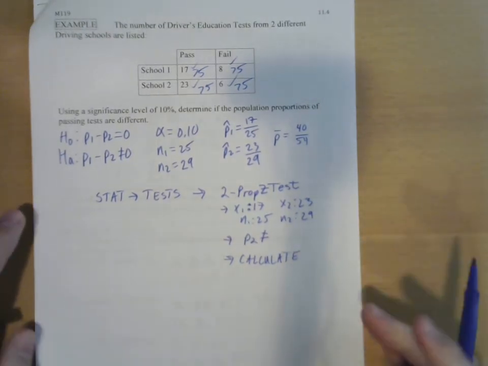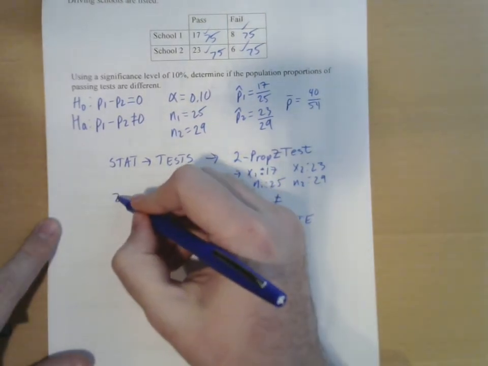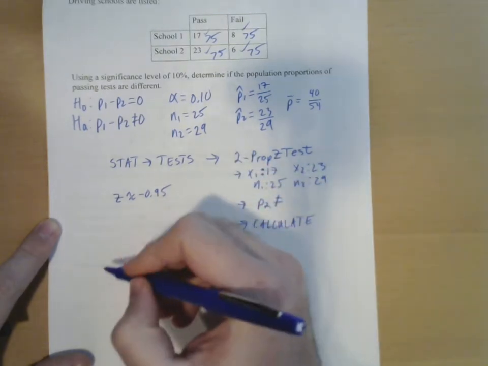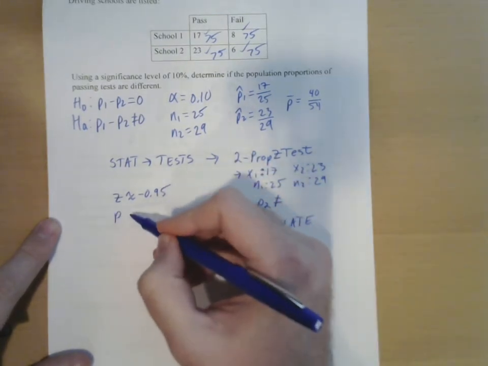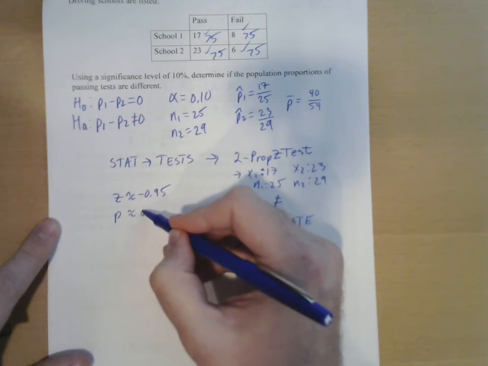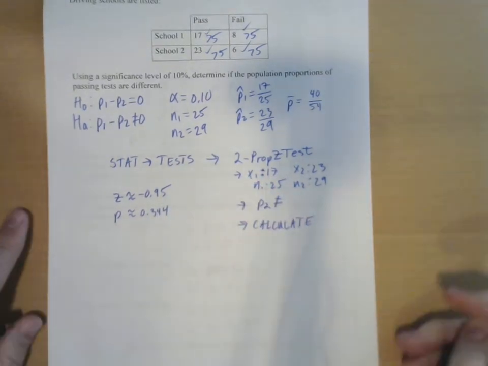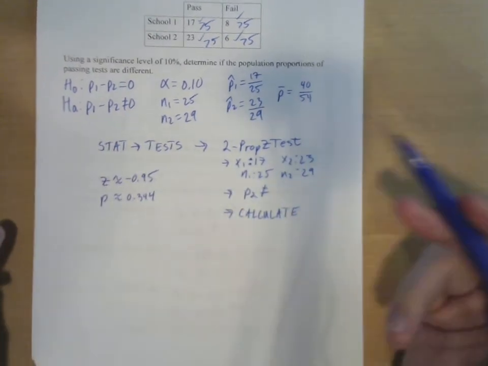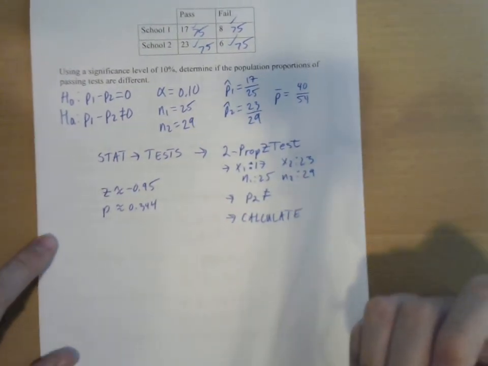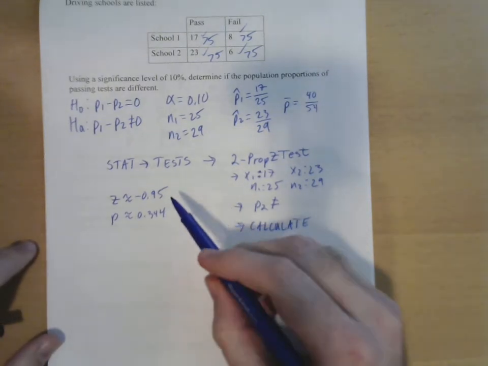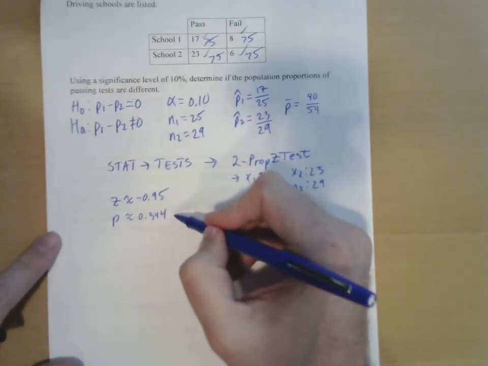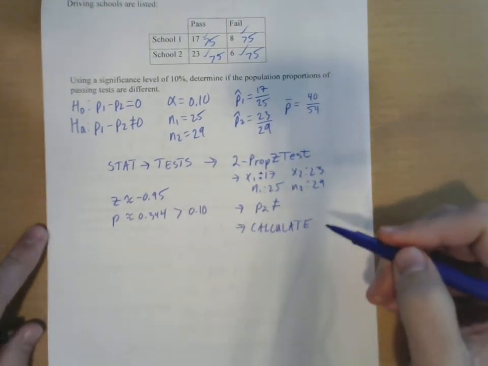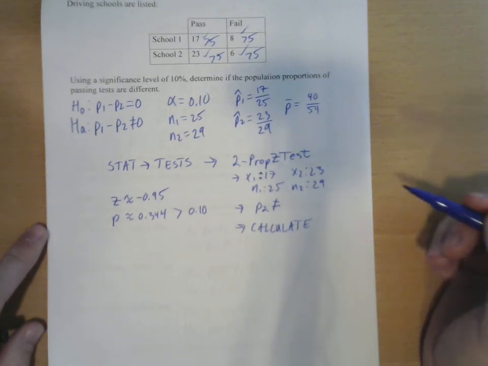And so the screen that we see should give you a z-score of approximately negative 0.95, rounding off to 2 decimals. It should give you a p-value of approximately 0.344, rounding off to 3 decimals. And so we can use the p-value or we can use the z-value. Again, I tend to like p-values because it's simpler than having to go find a critical z-score. Comparing this to 0.10, our alpha, this is greater than, so we fail to reject the null hypothesis.